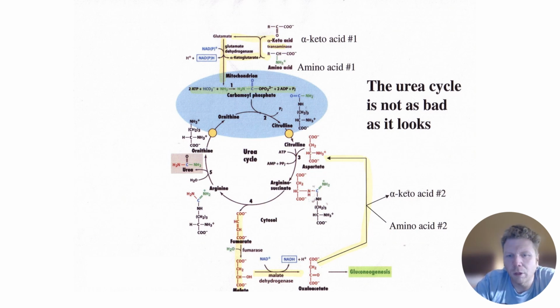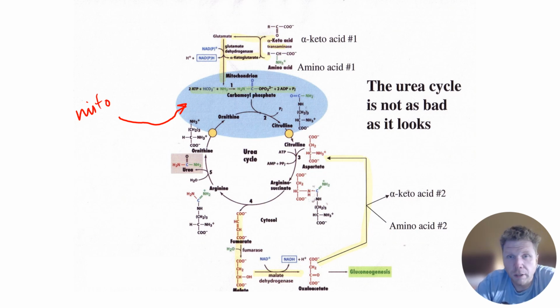One thing that I want you to recognize right off the bat is that this is a colorful slide, a colorful series of pictures. What I want you to recognize first and foremost is that this blue kind of oval is our mitochondria.